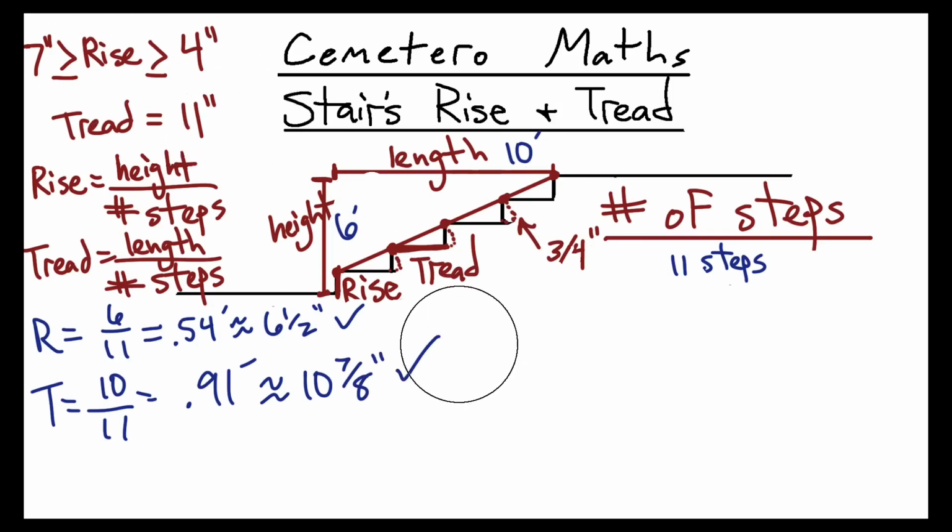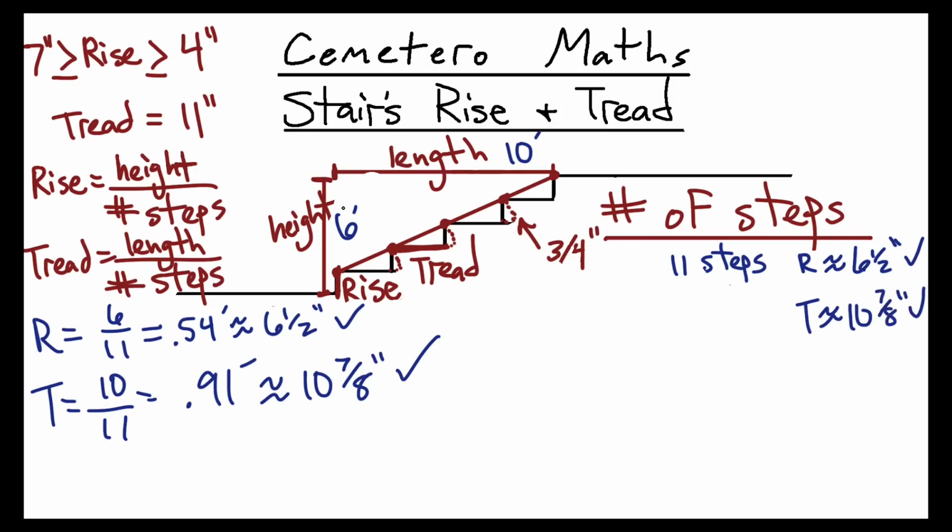So with 10 steps it won't work, but 11 will work because we'll have a rise of approximately 6.5 inches, which is good, and a tread of barely under 11 inches, which is what we wanted, the ideal, at 10 and 7/8 of an inch.